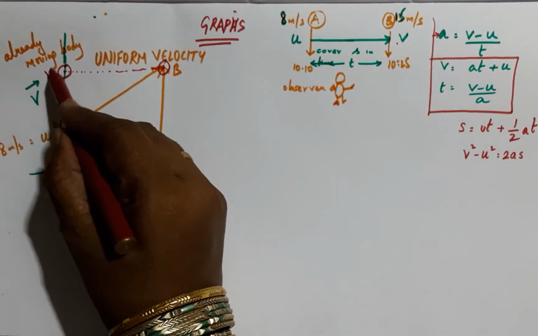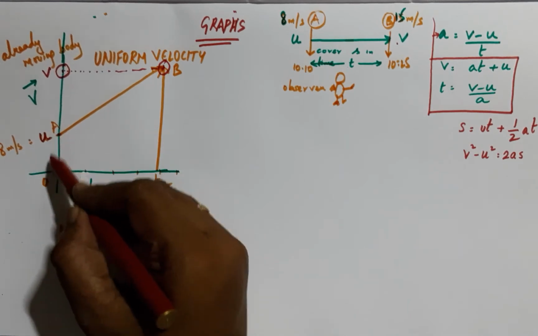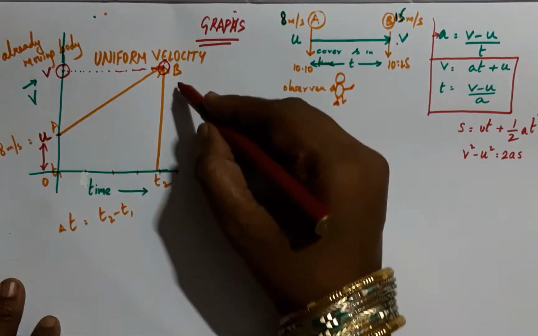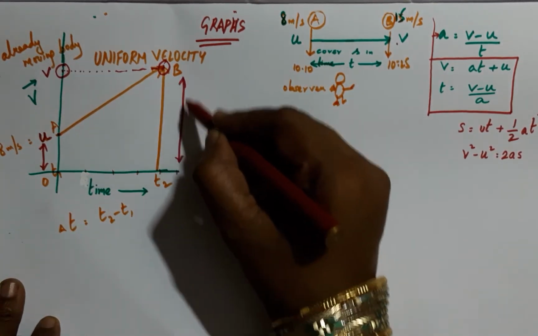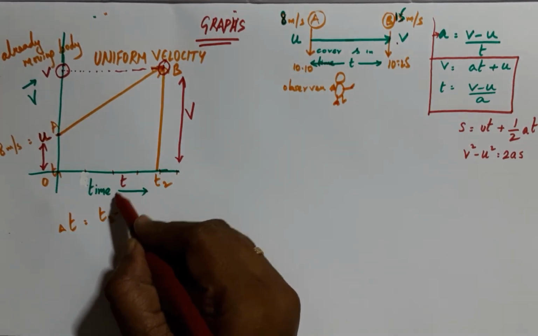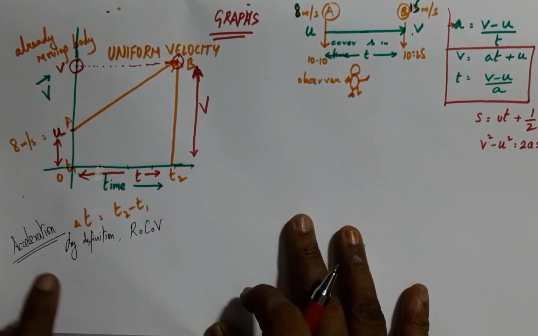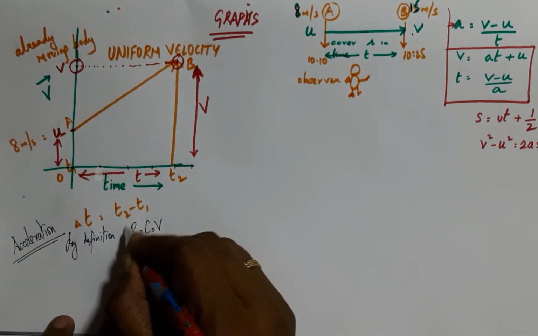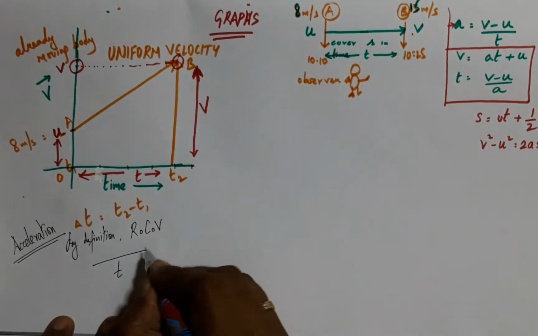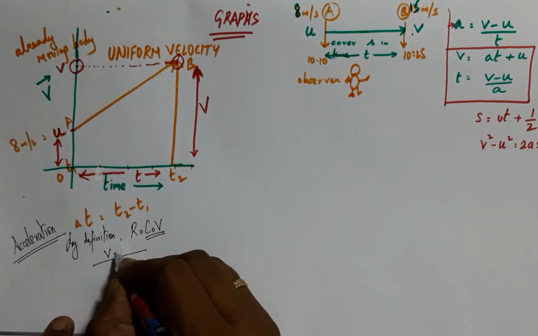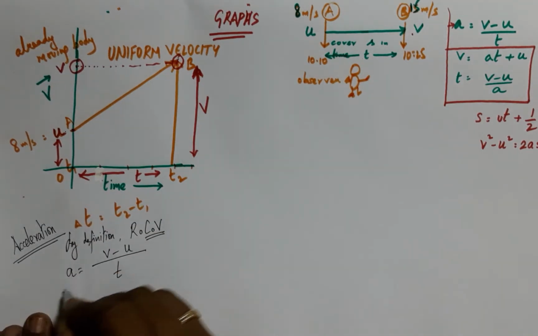This is V, this is point U. This will give the reading of U and this will give the reading of V, and this will give the reading of T, delta T. And now we can derive acceleration from this graph. It is nothing but rate of change with time, and change of velocity is nothing but V minus U. So here comes the acceleration derivation from the above graph.